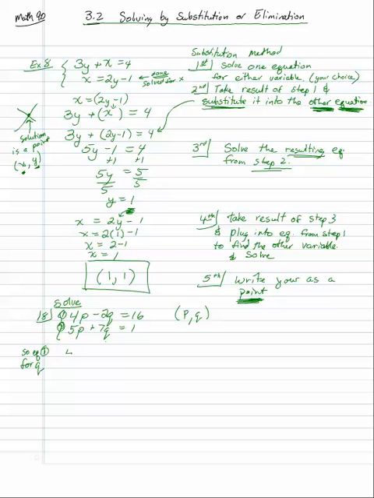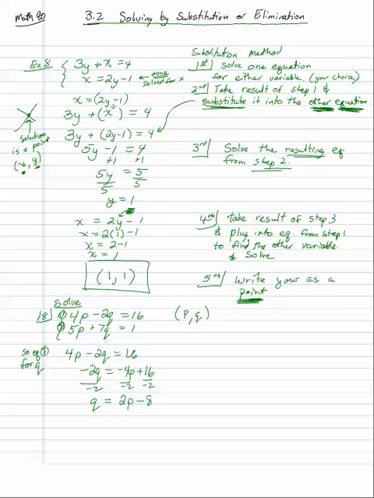So I've got 4p minus 2q equals 16. I'm going to subtract 4p from both sides. I'm going to divide by negative 2 to get q by itself. So that's 2p minus 8.